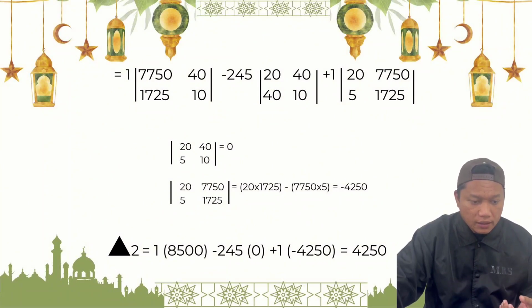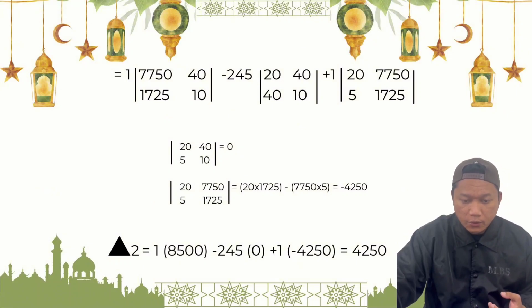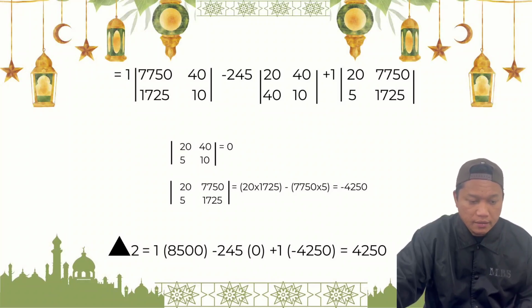That gives 34,500 minus 38,750, equal to negative 4,250.